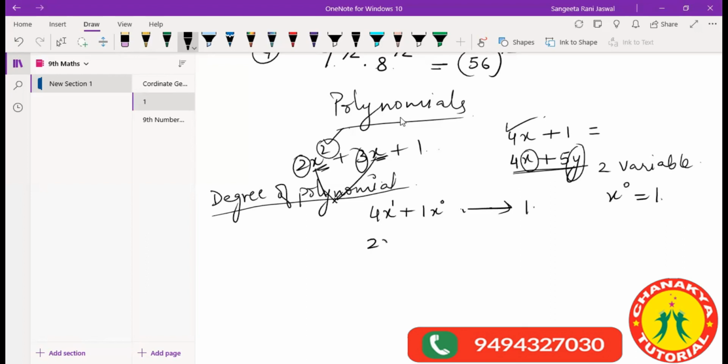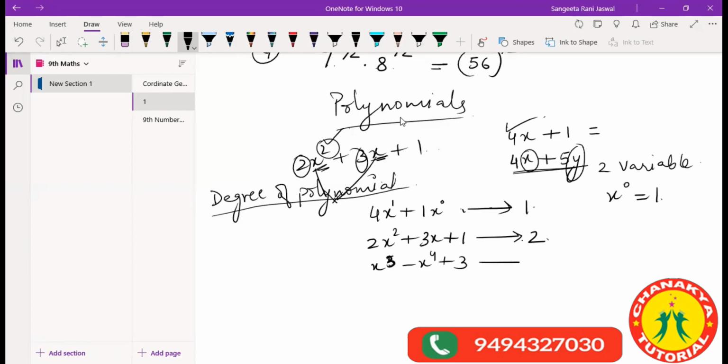Now in this equation 2x squared plus 3x plus 1, what is the degree of the polynomial? Which is the highest power of the variable? That's 2. Highest power 2 है. यहाँ 0 था, यहाँ 1 है, यहाँ 2 है. So that's 2. Okay. If I write some other equation like this, say x raised to 5 minus x raised to 4 plus 3. Sorry, we are not going into 5.